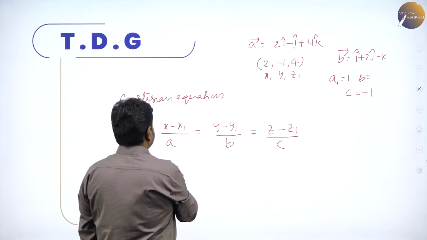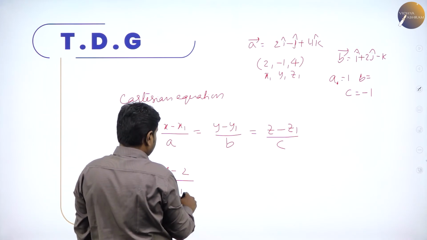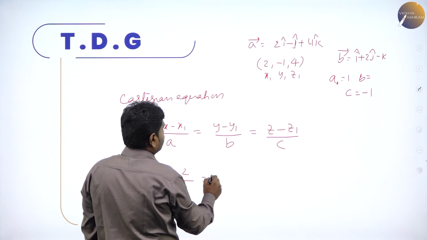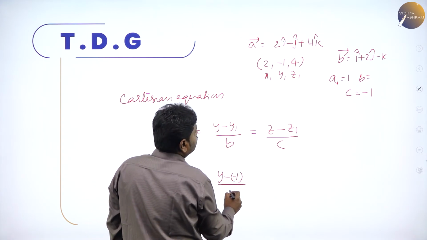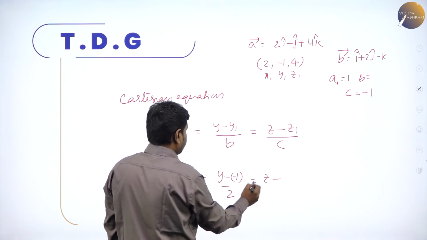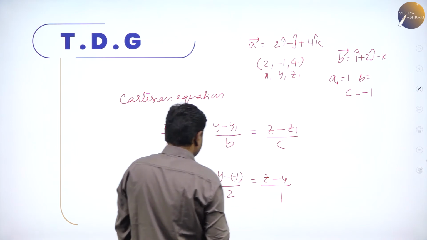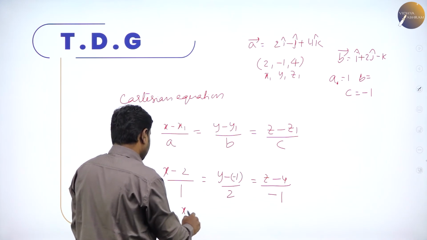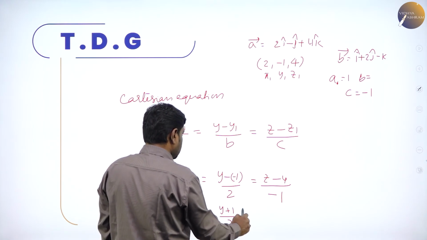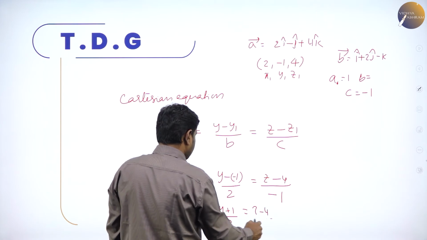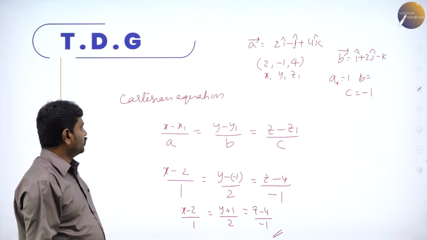Now substitute: (x minus 2)/1, (y minus of minus 1)/2, (z minus 4)/minus 1. Simplifying, it becomes (x minus 2)/1 equals (y plus 1)/2 equals (z minus 4)/minus 1. Hope all of you got this.